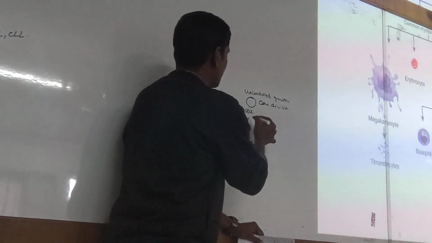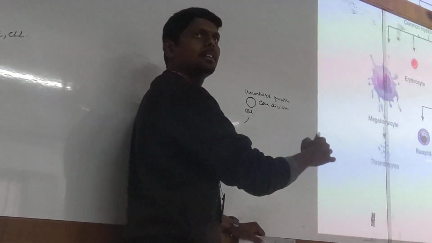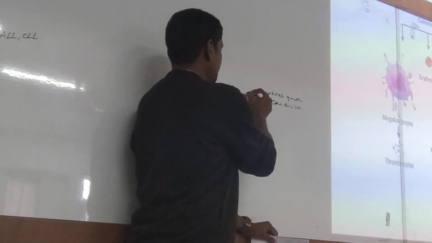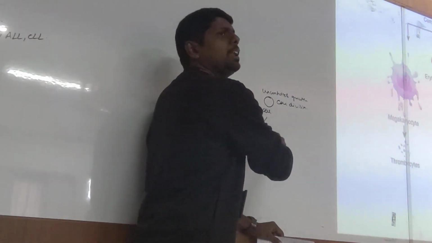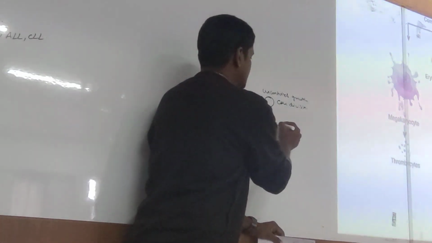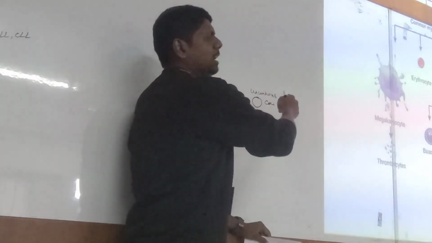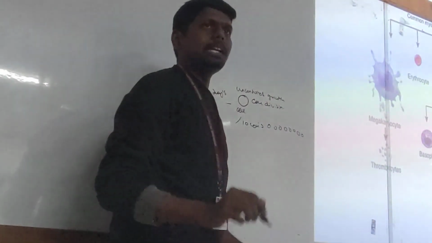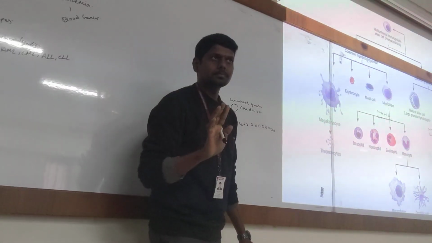Maybe you are trying to say that within 3 days, I am just giving an example, a cell must produce 10 cells. One cell will be divided into 10 cells. That is the normal cell division.